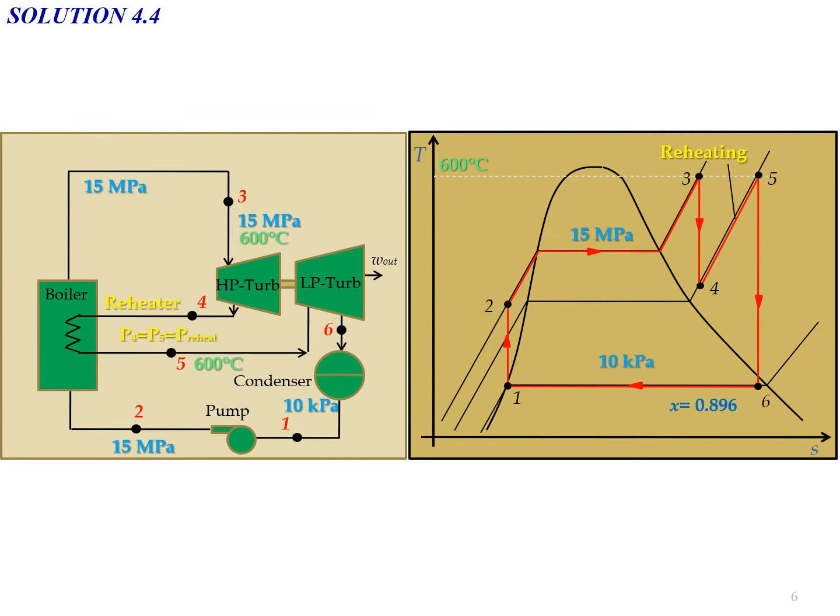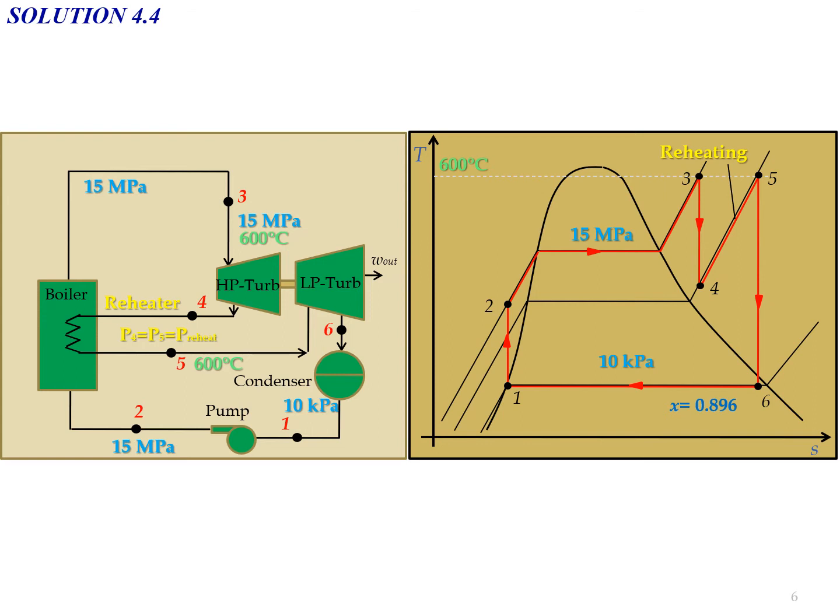And now we look into the TS diagram, where we can put the information. First, we draw the TS diagram of the ideal reheat Rankine cycle, and we know we have the reheating process. At state 3 and state 5, the temperature is 600 degrees Celsius. Process 2 to 3 is at 50 megapascal and process 6 to 1 is at 10 kPa.